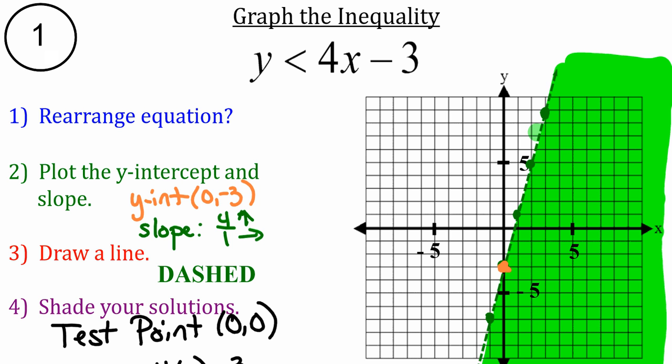So if we asked you to name a potential solution, what could you say? Well, a potential solution could be (5, 0). It could be (10, -10). It could be (8, 7). Again, anything in the green shaded area would be a solution to this inequality.